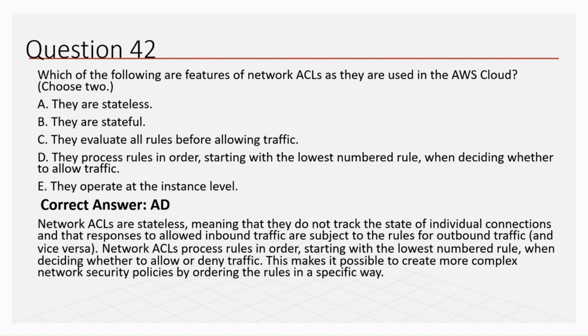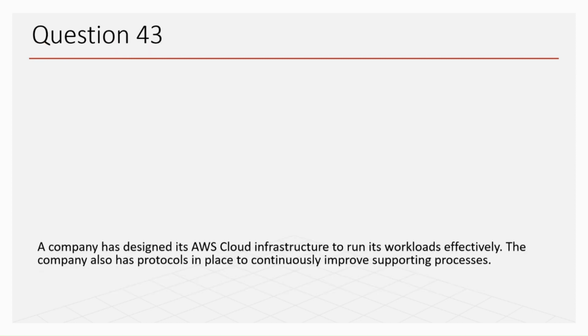And network ACLs also process the rules in order, starting with the lowest numbered rule when deciding whether to allow or deny the traffic. This makes it possible to create more complex network security policies by ordering the rules in a specific way. So, they follow an order when the rules are being executed. Now, let's look into the next question.